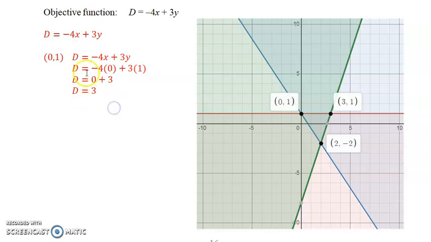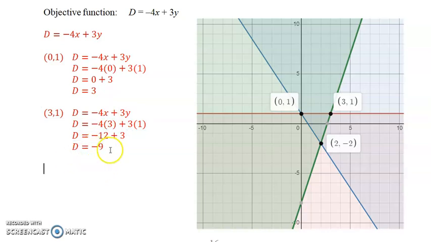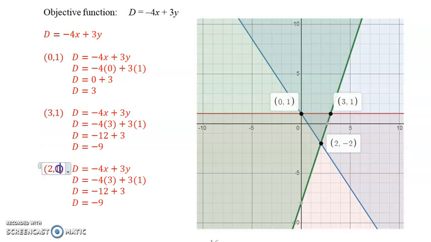And we'll do this again at the next point, (3, 1). So this is 3, which makes negative 12, which makes negative 9. And then the last point is (2, negative 2). So plug those in. 2, negative 2 gives us negative 8, minus 6, which is negative 14.